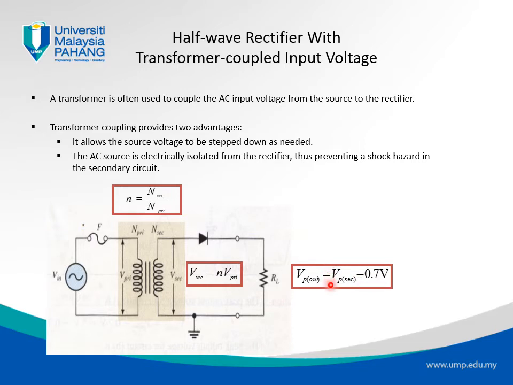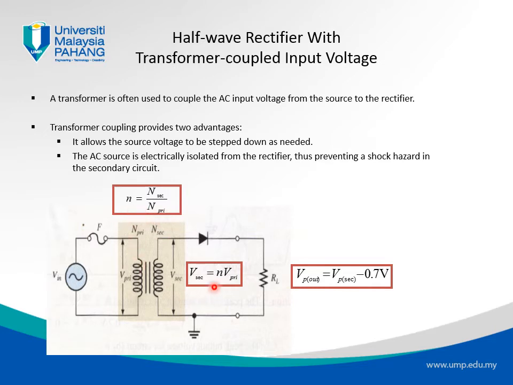But now the only thing that we need to take into account is that this VP or V maximum is the V maximum at the output of the transformer, which means it is the V output at the secondary. And if you want to compare it with the voltage of the power supply, we know that in a transformer we might define a ratio N, which is the number of turns of the secondary coil divided by the number of turns of the primary coil.